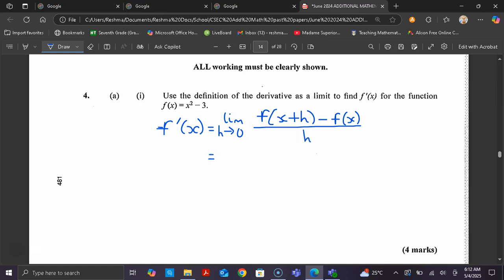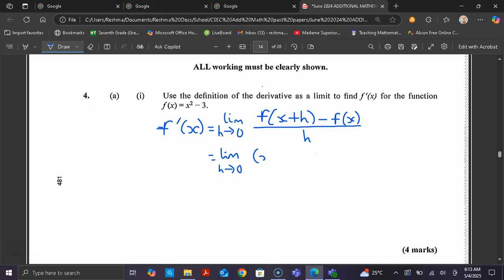So the limit as h tends to 0 of f(x+h) minus f(x), over h. Let me just rewrite this. f(x+h): we substitute x+h into the function for f(x).